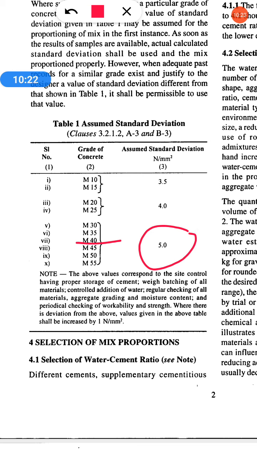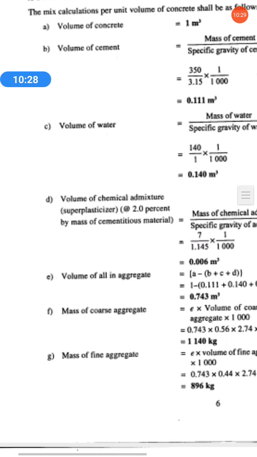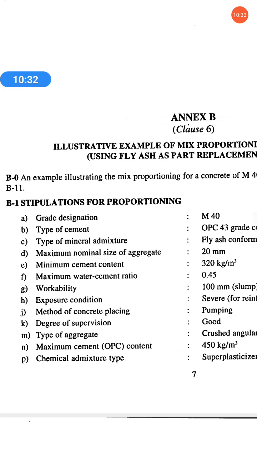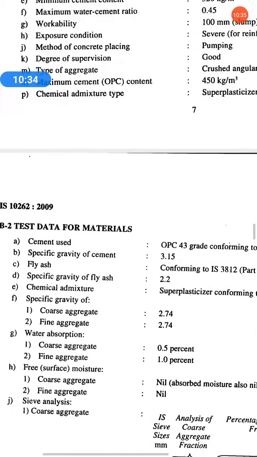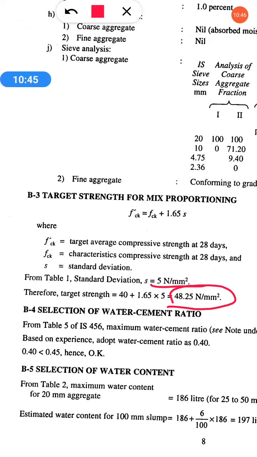So we have to take 5.0 standard deviation in Newton per mm square. See, standard deviation is 5 Newton per mm square. So your target strength will be 48.25. So this is more than 40.